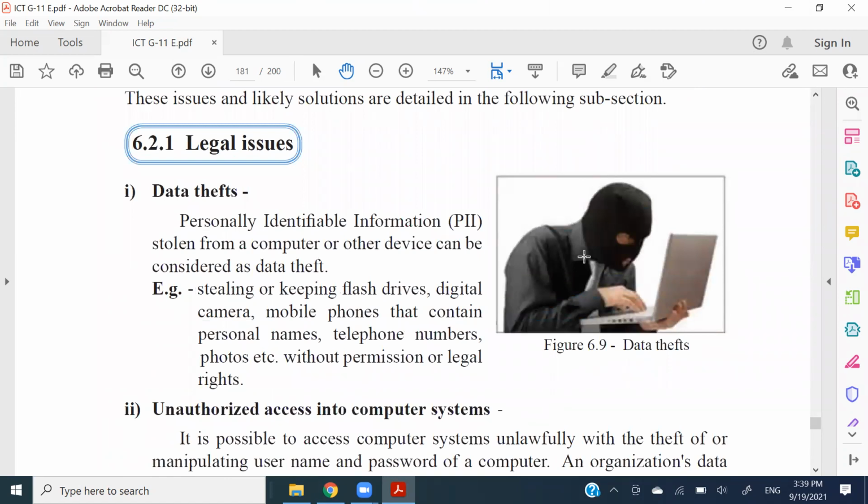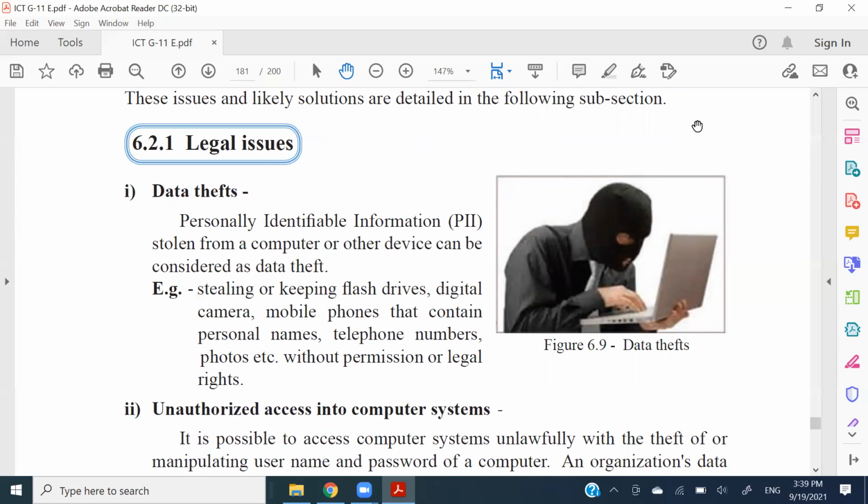So the first issue is data theft, right? It is like stealing personal information without getting to know, or without having permission from the proper person or the proper institute, right?